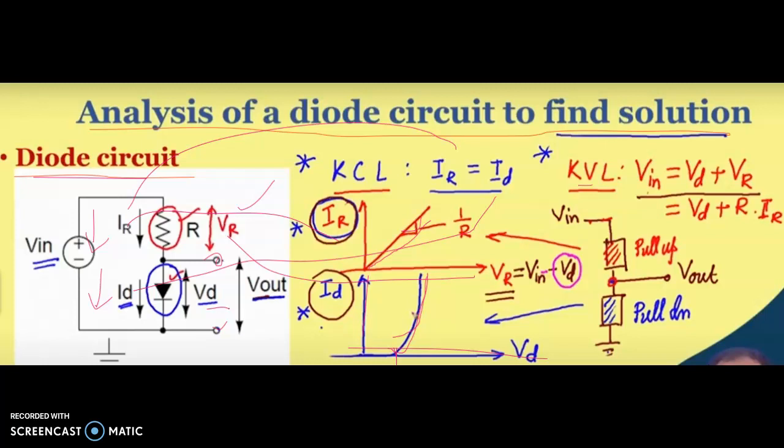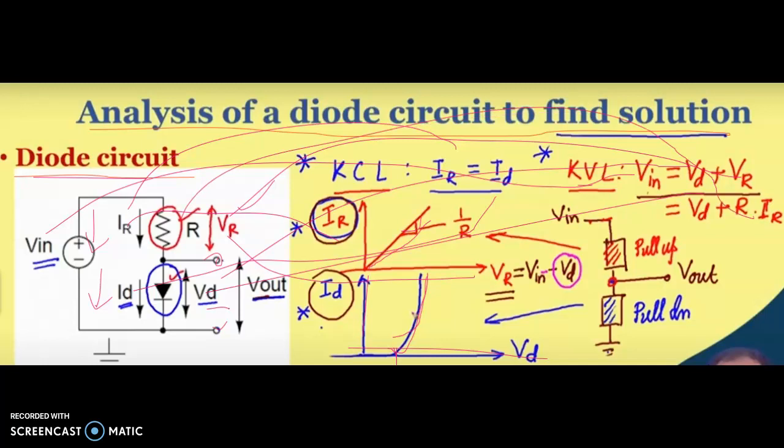KVL: V in equals VD plus VR, where VR is the resistance times the current. This is the equivalent circuit.